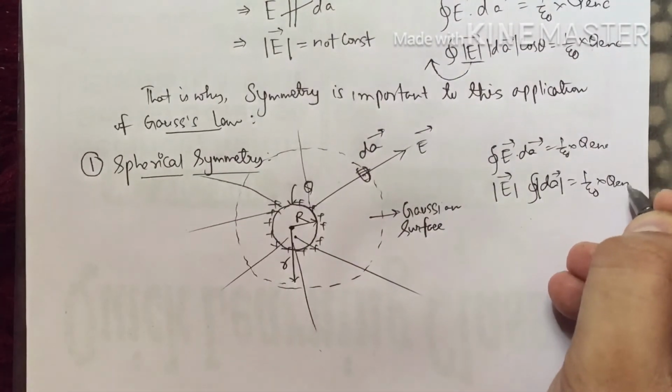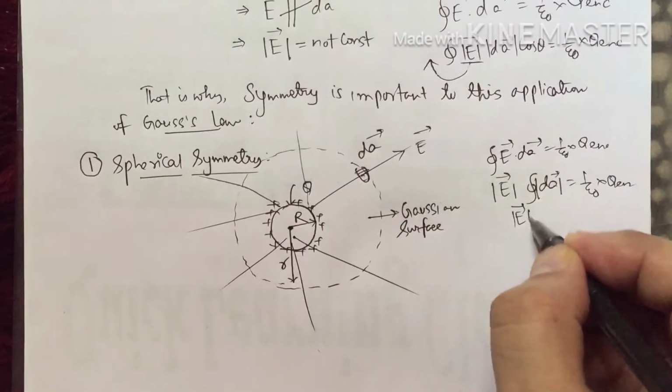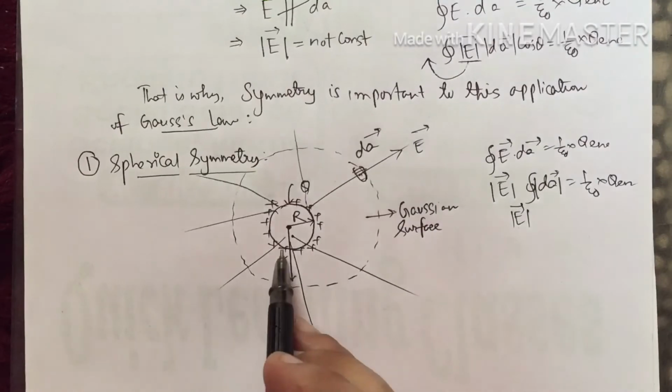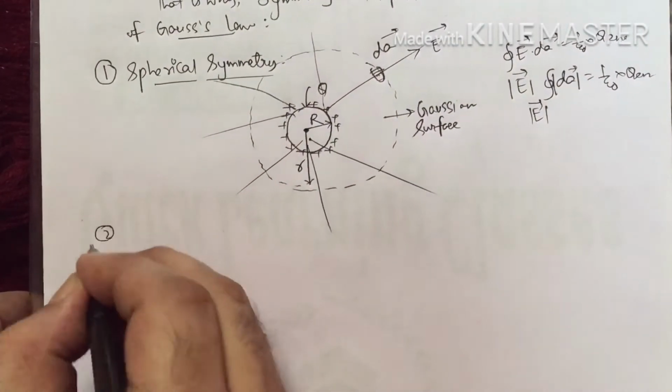And solving for this integral, we can calculate the electric field around this spherical distribution. The next case is your cylindrical symmetry.